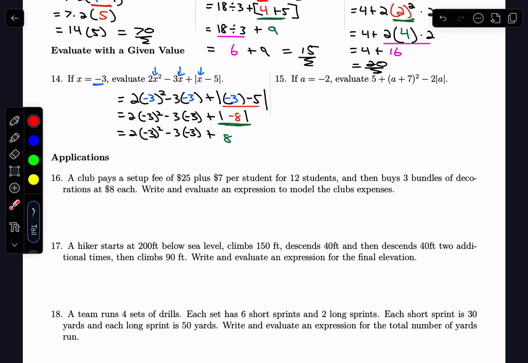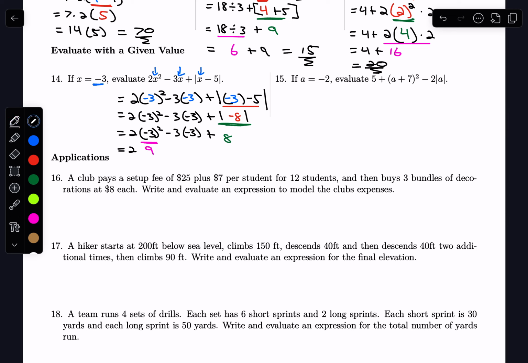But before we can do either of these multiplications, we have to first do this exponent that's on the -3. So remember from the beginning of the lesson, when we have a negative number to an odd, sorry, in this case, an even power, we're going to get a positive result. So -3 squared right there is going to give me +9.